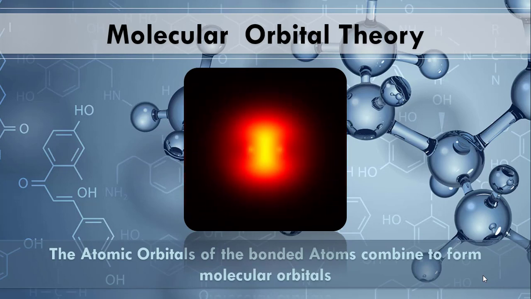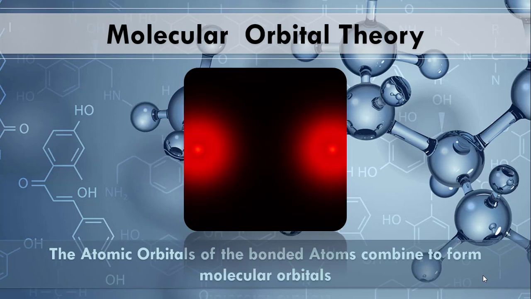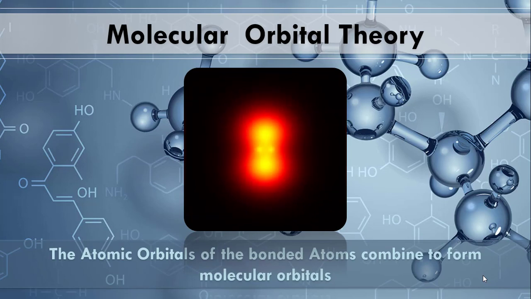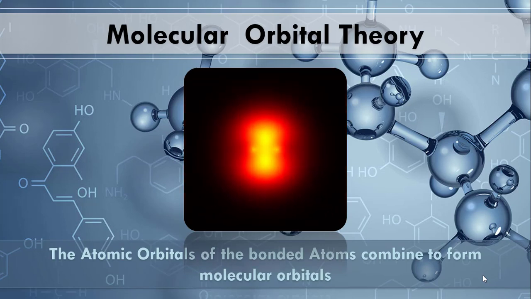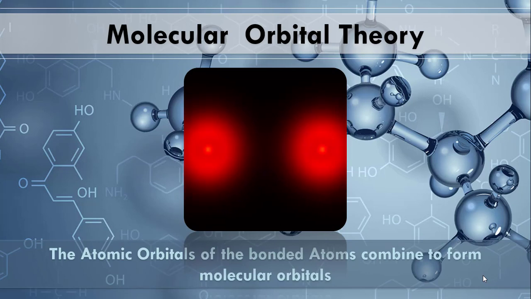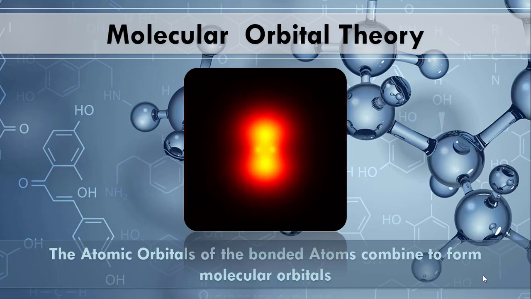So like this, the molecule will be formed by the atomic orbitals. The combination of the atomic orbitals is called the molecular orbitals. And the study of these molecular orbitals, how they emerged, how they are forming, will be explained by the molecular orbital theory.